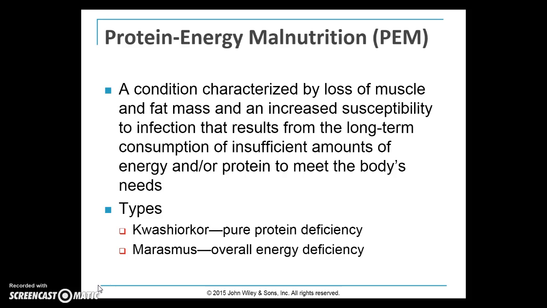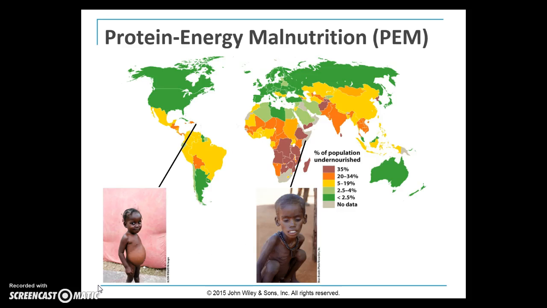We know that there are two types. Kwashiorkor is a pure protein deficiency in which only protein is deficient, but marasmus is a form of protein energy malnutrition in the diet where total energy calories are insufficient, causing severe muscle wasting.